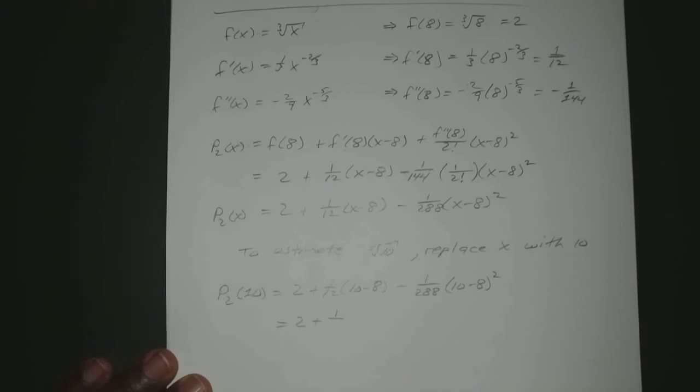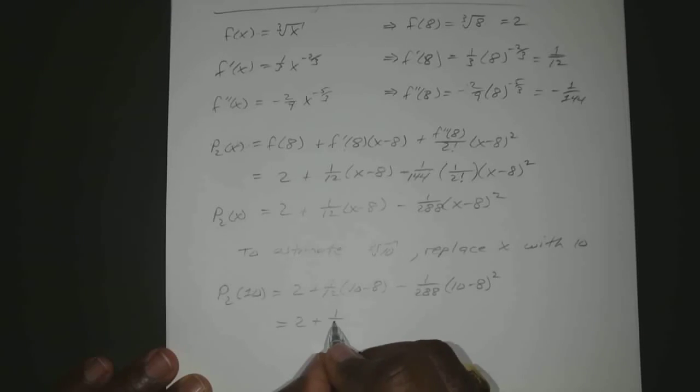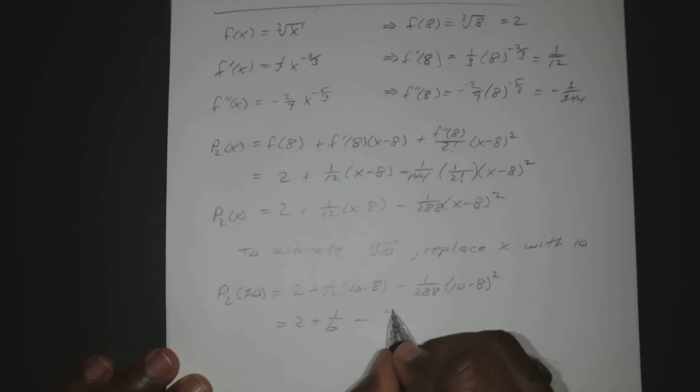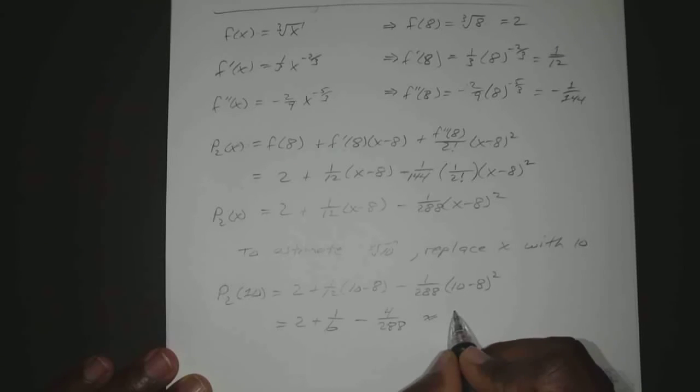Oh, hold on. Or am I missing something? Yep, 1 over 6. I don't know why I wrote 1 over 5 there, but it's 1 over 6. Minus 4 over 288, which ends up being 2.1528.